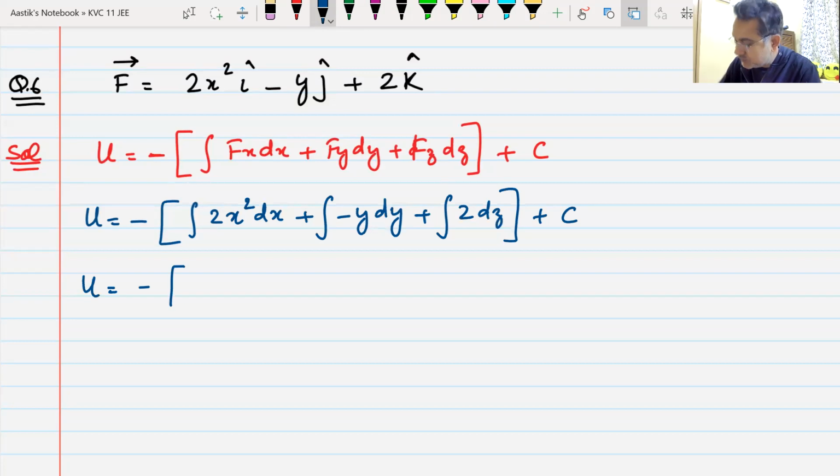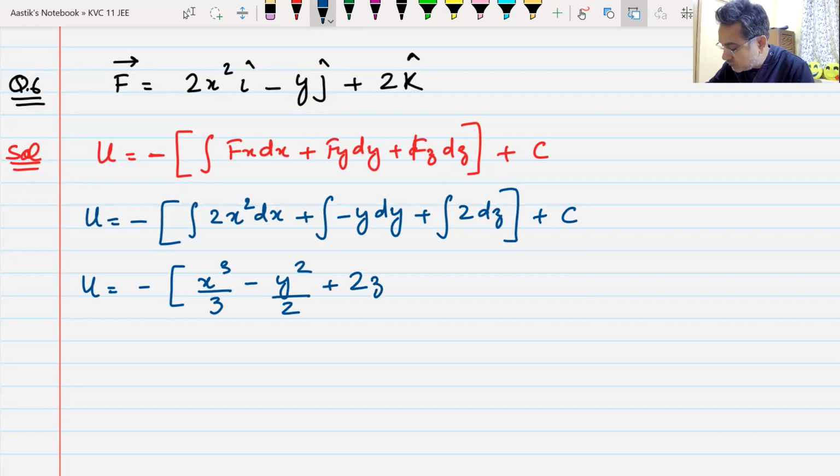So energy becomes integral of 2x square is x cube by 3. Integral of minus y, minus comes out, it becomes y square by 2, plus 2 comes out, integral of z becomes 2z plus c, and that is the answer that we are looking for.